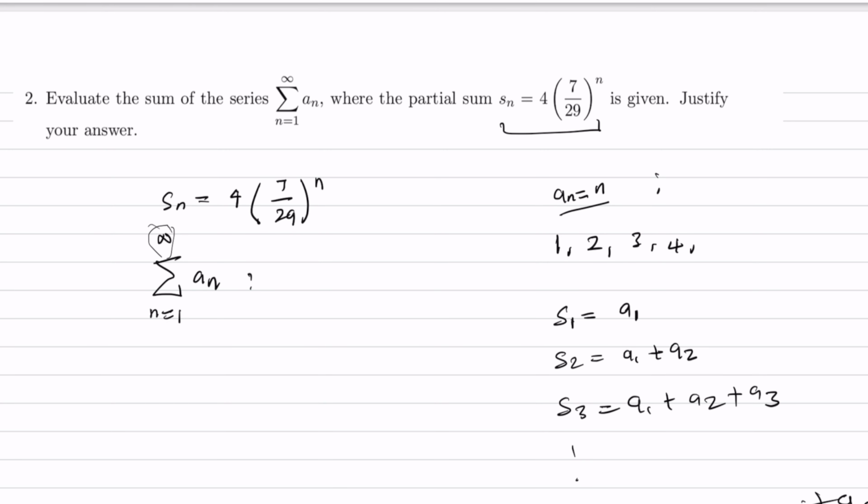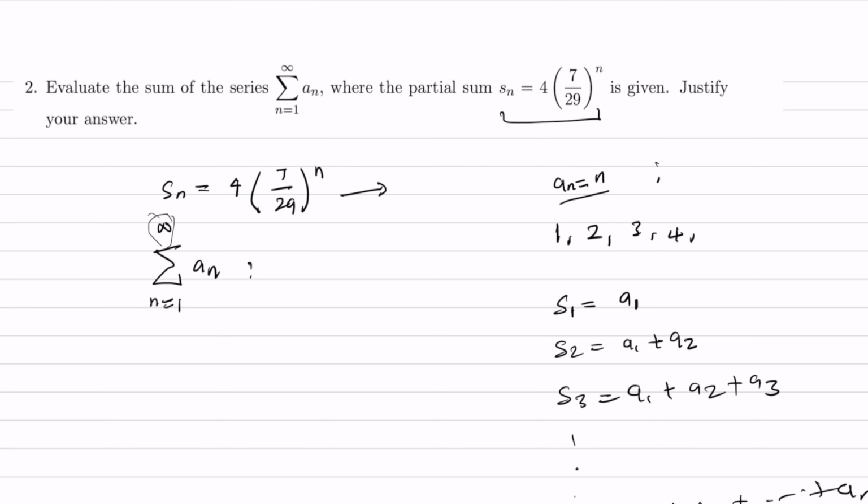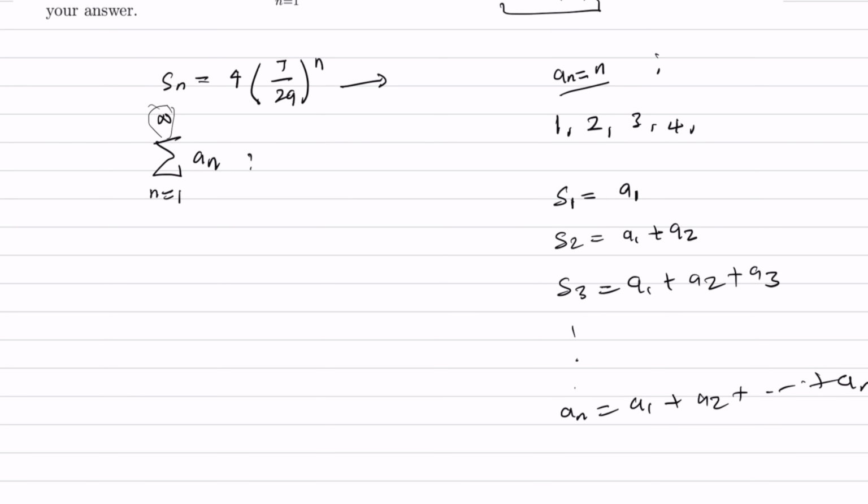Now who can tell me what is this limit? If you take the limit as n goes to infinity, what is the limit? 0, right? Why is it 0? I think we've talked about it before. It is 0 because I remember giving you this formula. If you have the limit as n goes to infinity of r to the power of n, this is going to go to 0 if the absolute value of r is less than 1.